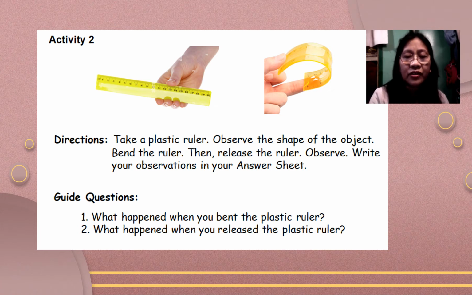Write your observations in your answer sheet. So for your guide questions, number 1, what happened when you bent the plastic ruler? And question number 2, what happened when you released the plastic ruler? You may write your answer in your science notebook.